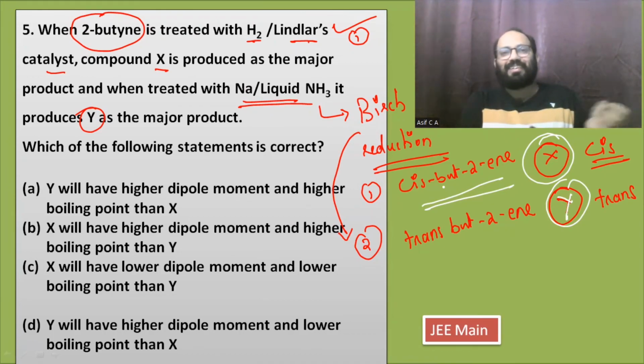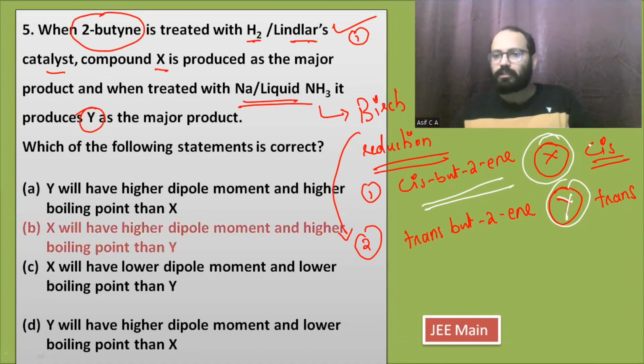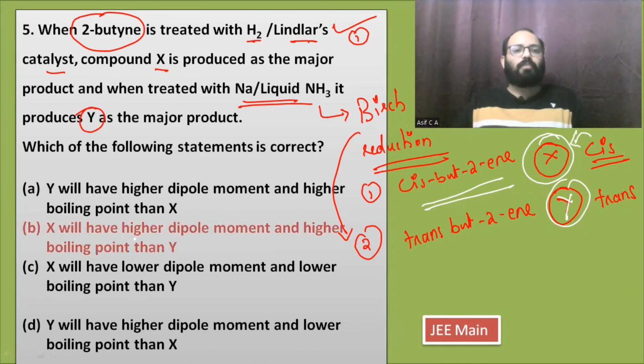We have seen all this, nothing is new. So the answer is cis, that is X. X will have higher dipole moment and X will have higher boiling point. Read it, and you can apply that. Do n number of questions, then everything will be sorted out.